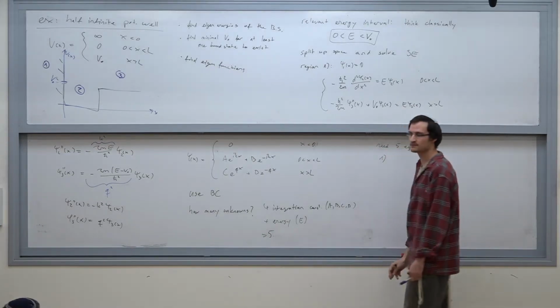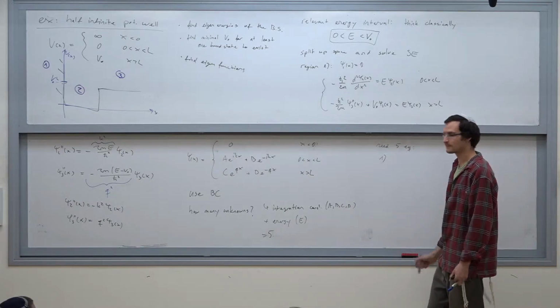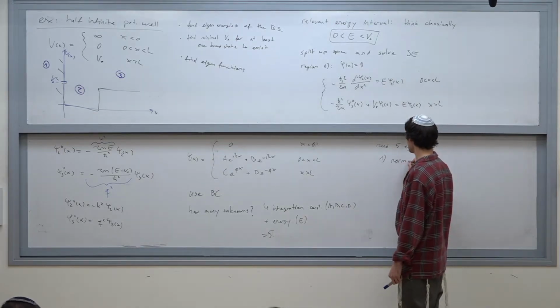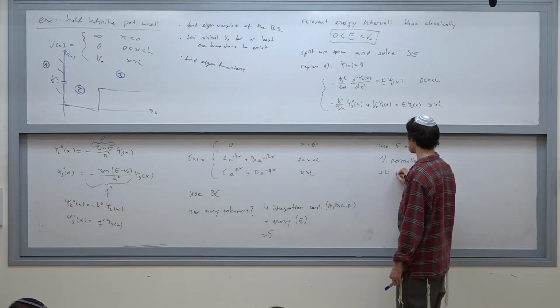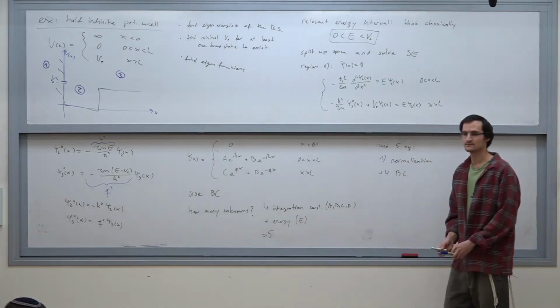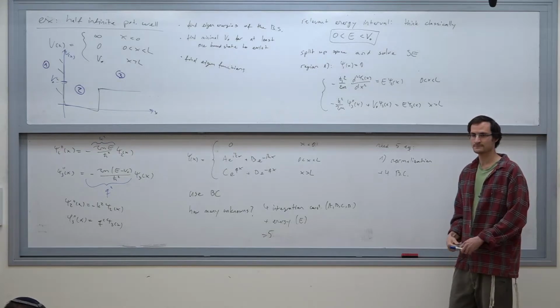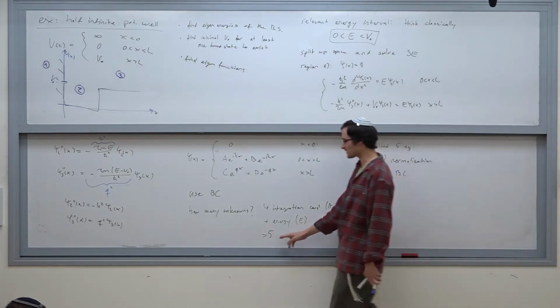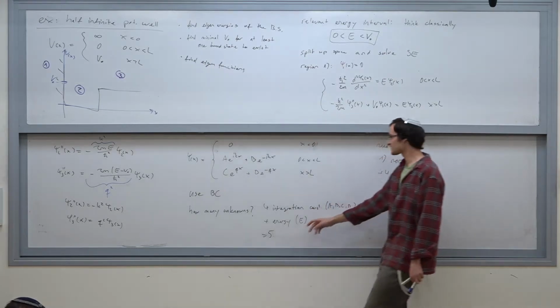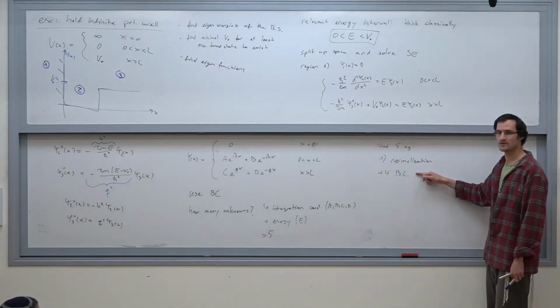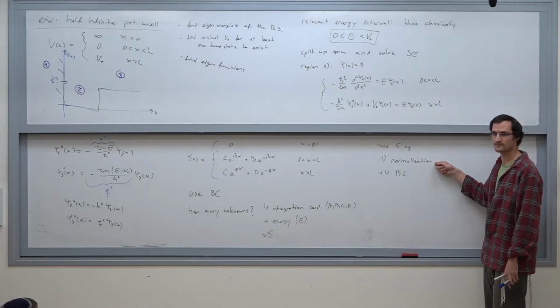The first one's obvious: normalization. And then we have another 4 boundary conditions. So don't be confused. There are 5 unknowns, because the energy is also unknown, but you still only need 4 boundary conditions, because you always have normalization. You get them for free.